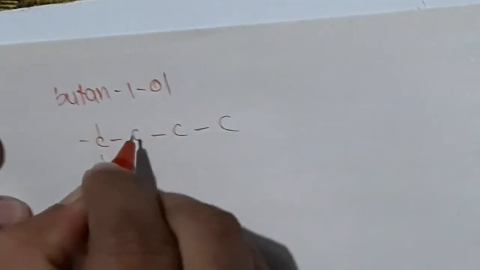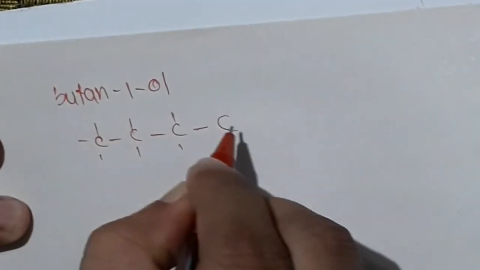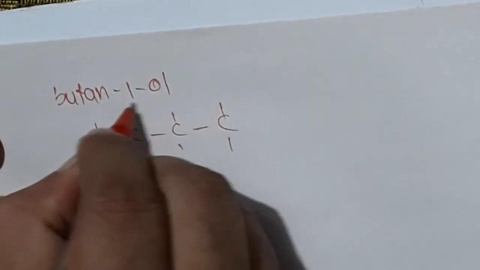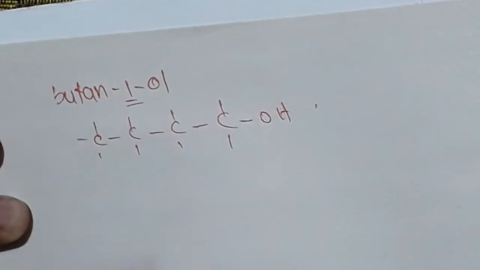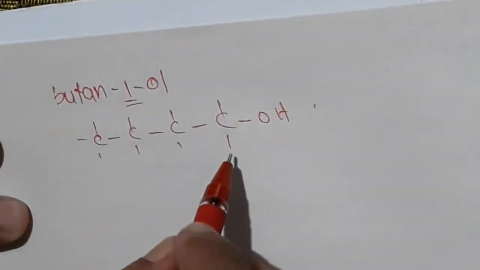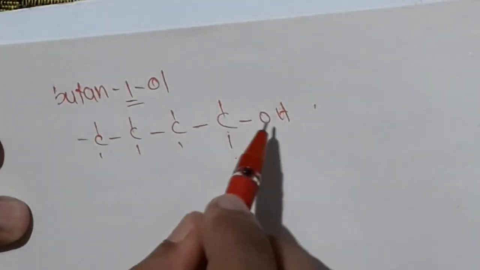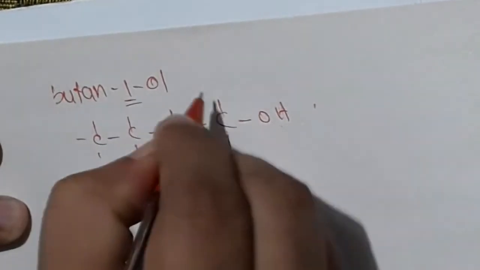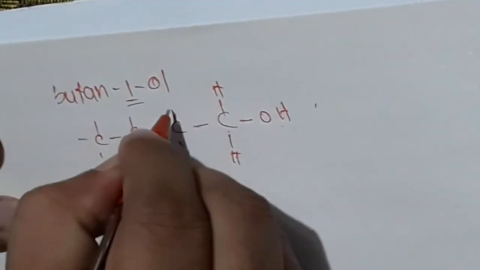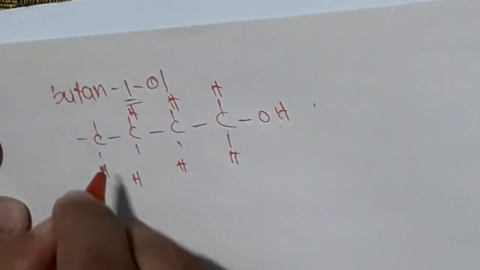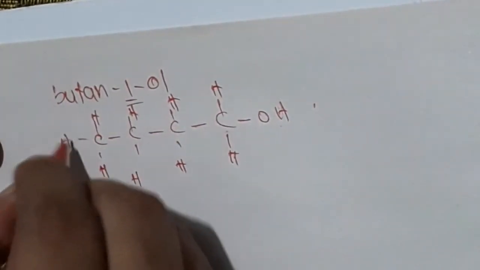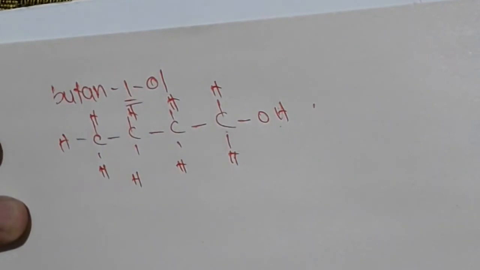Here CH3, CH2, CH2. Butanol means in the first carbon there is OH. This is the first carbon, so in the first carbon there is OH. CH2, CH2, CH2, CH3. This is butanol.